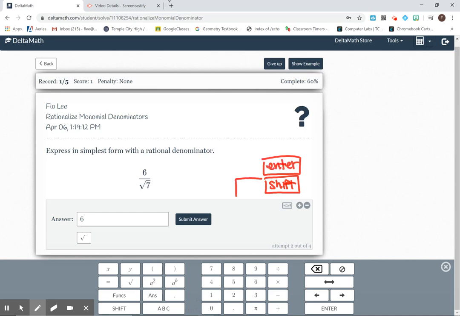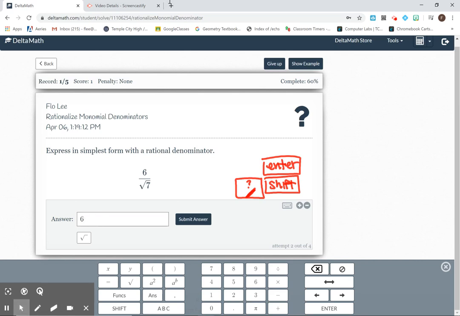Next to Shift is this button. See that slash, right? It's a question mark on top, but I really want this slash. So this is what I'm going to type. So 6, and I'm going to hit that slash button on my keyboard.